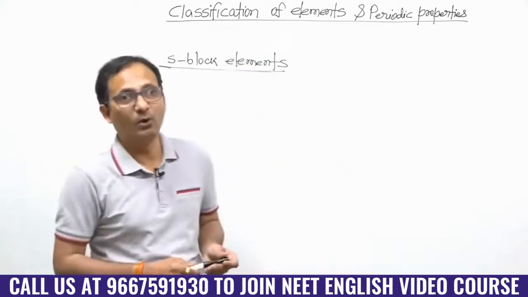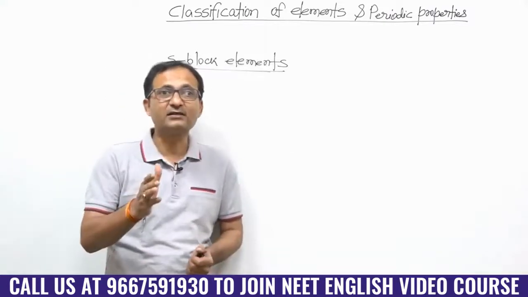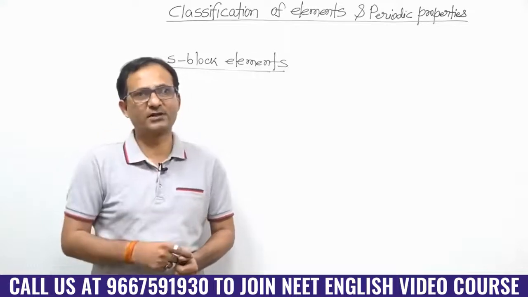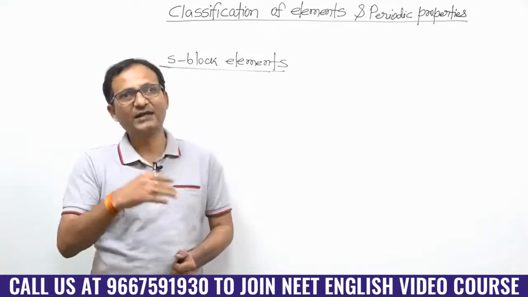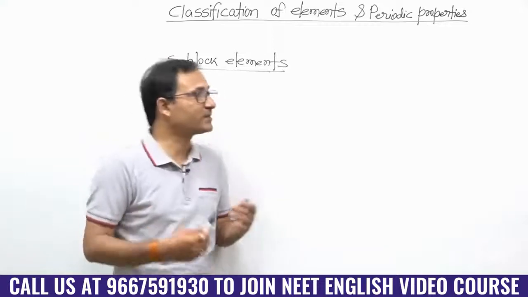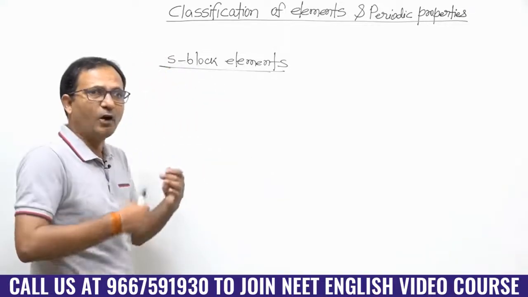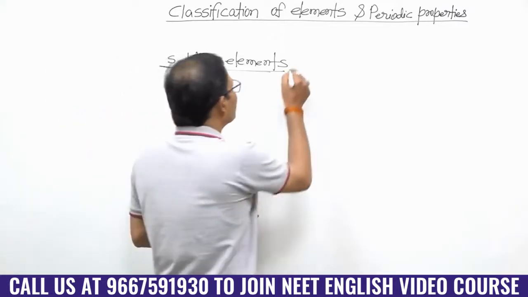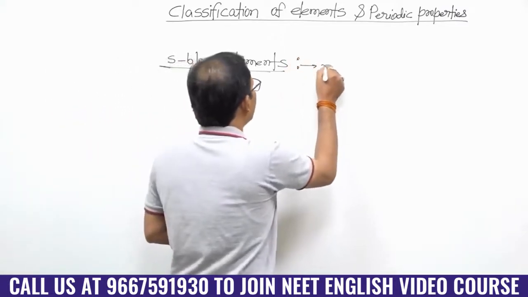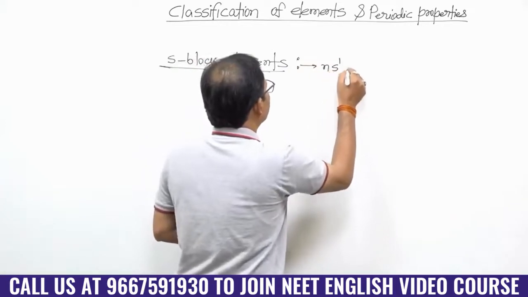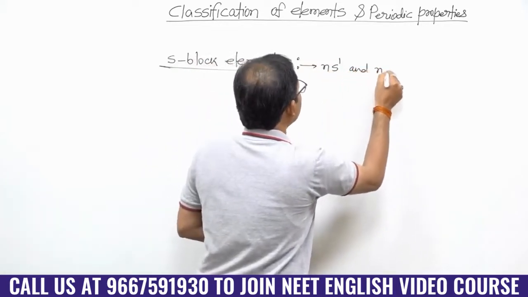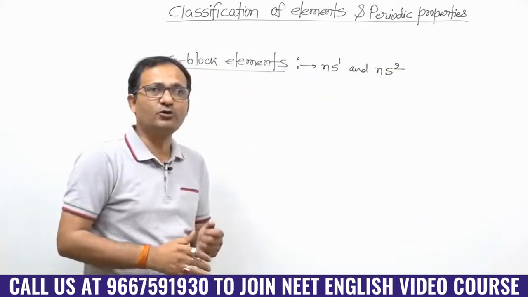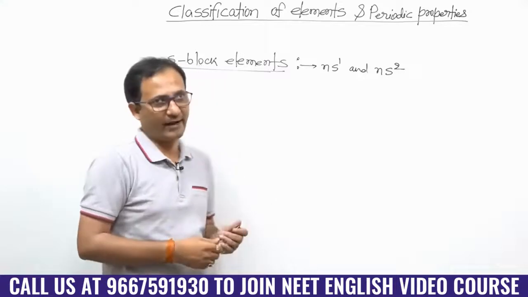And as you know, in s subshell there can be only two electrons, either 1 or 2, and hence the general outermost electronic configuration of s block elements will be ns1 and ns2, where n is the outermost shell, right?